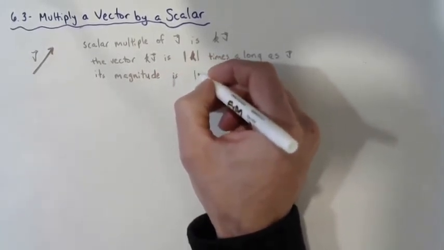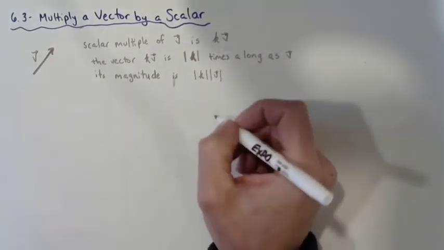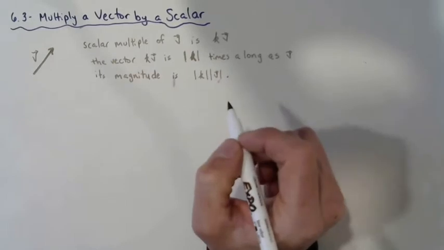Its magnitude is the absolute value of k times the absolute value of the vector v.